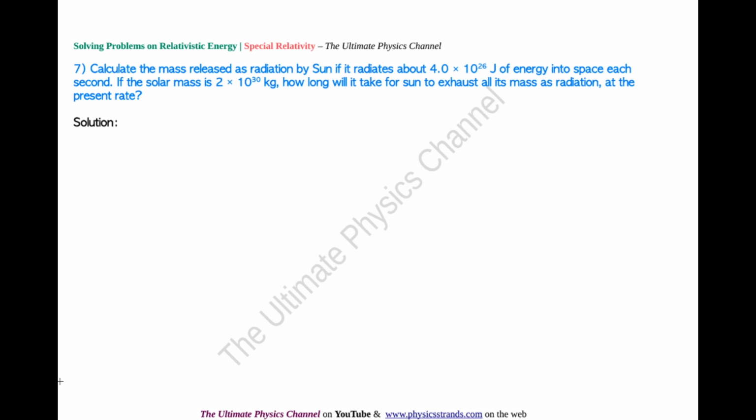Let's move on to the next one. Calculate the mass released as radiation by the sun, if it radiates about 4 times 10 power 26 joules of energy into space each second. If the solar mass is 2 times 10 power 30 kg, how long will it take for the sun to exhaust all its mass as radiation at the present rate?